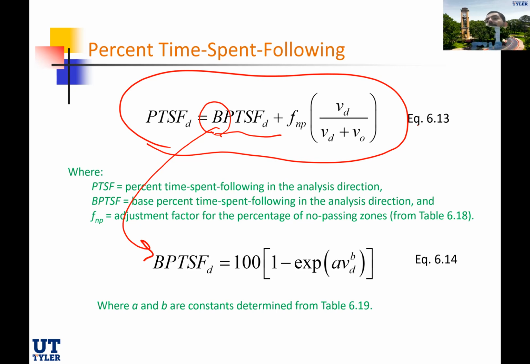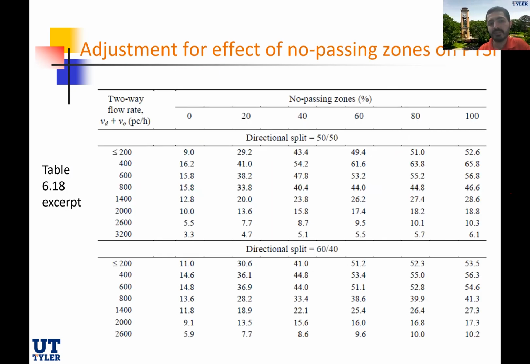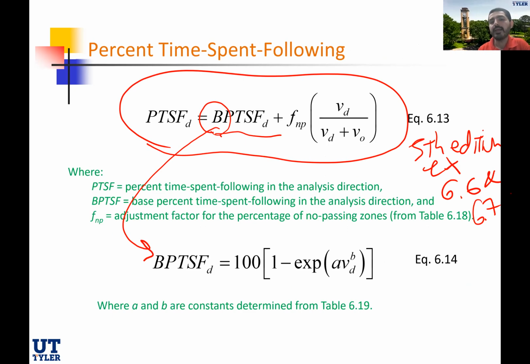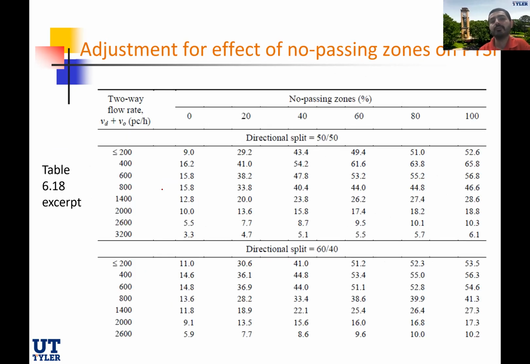They fully explain the whole concept and how we can use average travel speed and percent time spent following. And again, A and B here are coefficients that you can pick from this table right here. This table is 6.18.